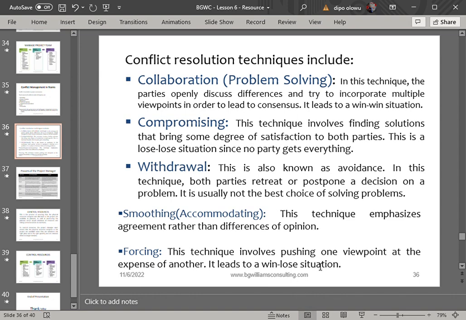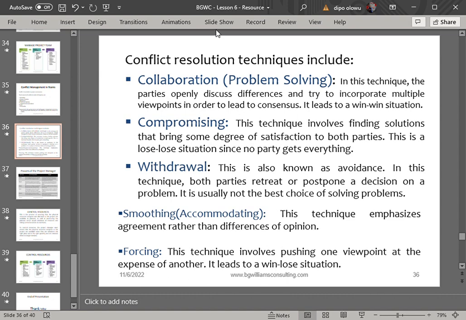So automatically, Wale goes out unhappy because he's now being forced by the project manager to carry out the opinion of Kunle. That is forcing or directing.